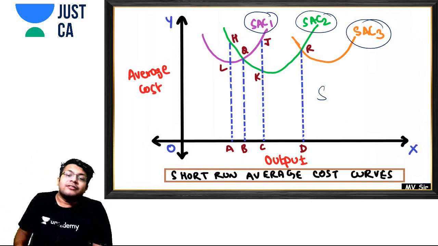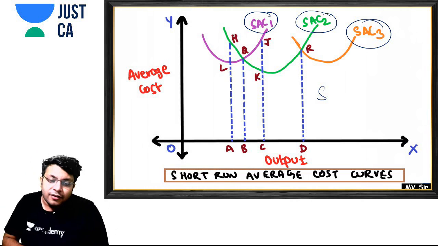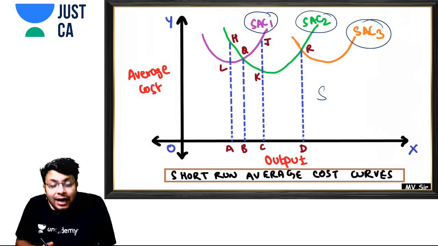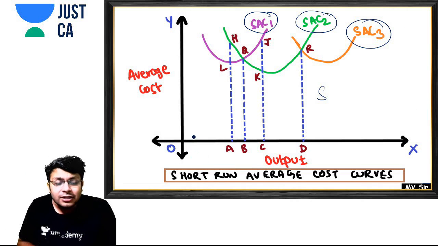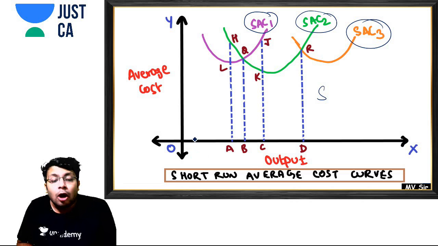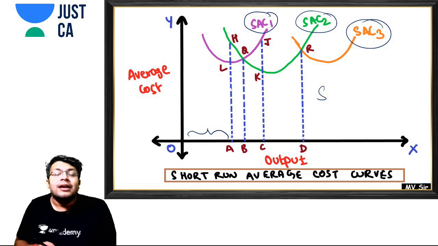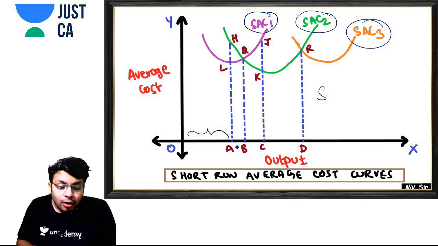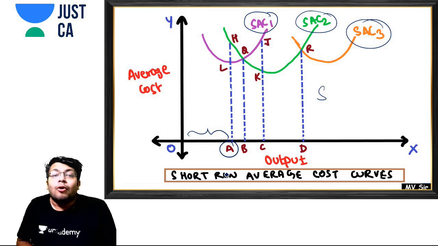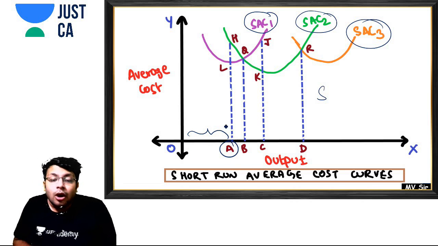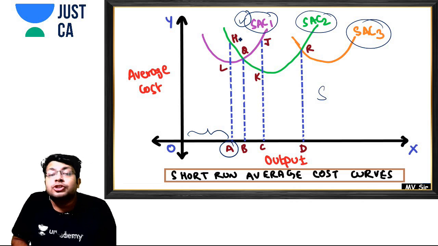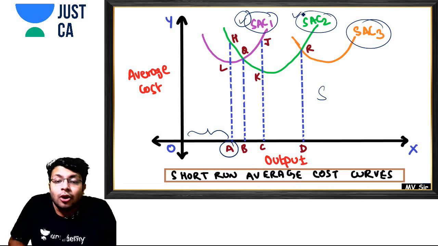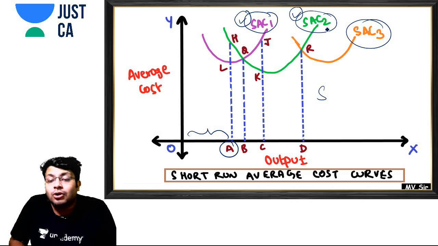Here we have taken just three short run average cost curves in order to understand that. For example, if you say that I want to produce an output of OA units, your OA units can be produced on short run average cost curve 1. They can also be produced on a plant size which gives short run average cost curve 2.